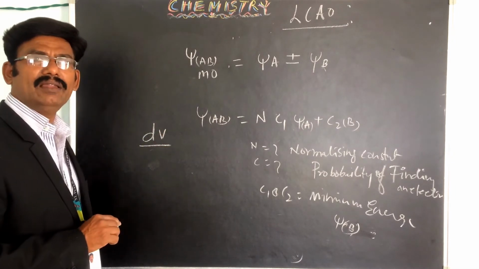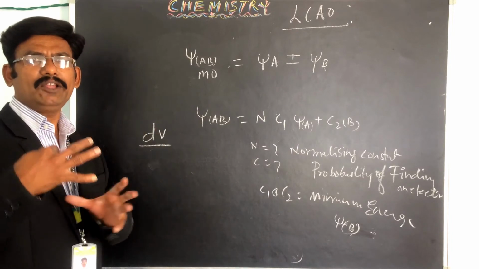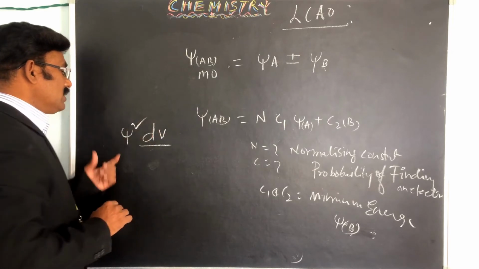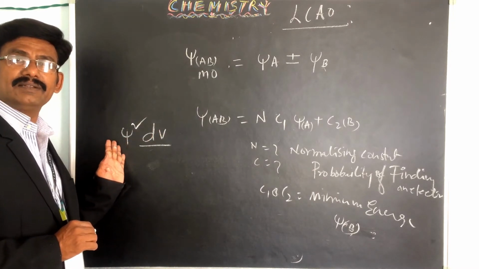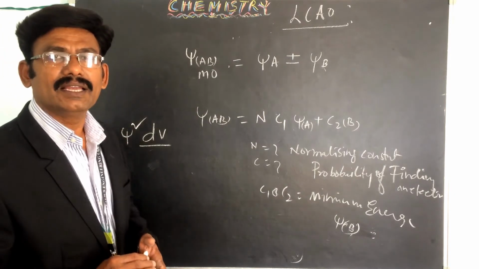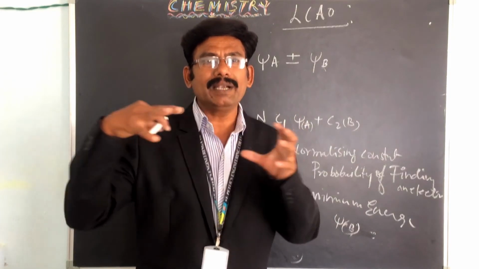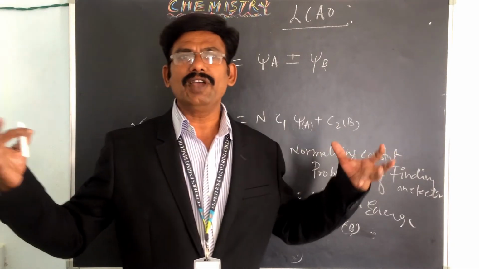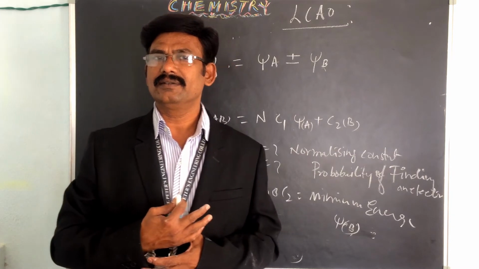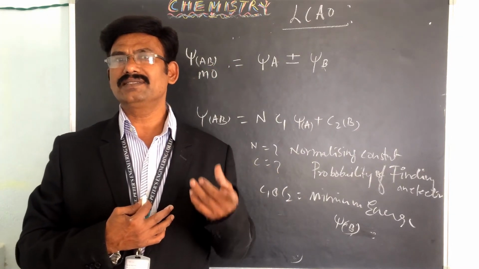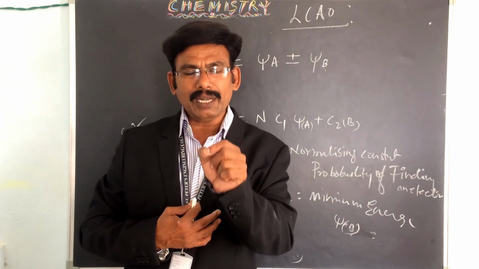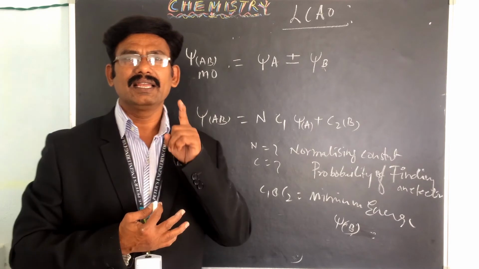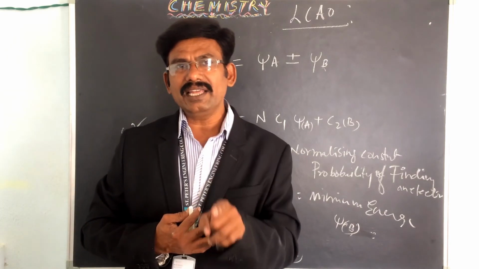Psi is the wave function. Once again, the probability of finding an electron in volume space dV is psi square dV.